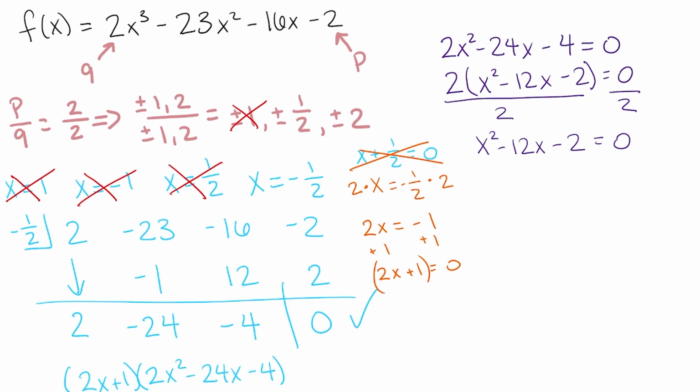The other reason I want to do this is if we look at our original polynomial, which is f of x equals 2x to the third minus 23x squared minus 16x minus 2, and we look at what we just got as our factored form before we factor any further, which is 2x plus 1 times 2x squared minus 24x minus 4, and I were to distribute my terms and multiply this back out, I wouldn't get my original polynomial.